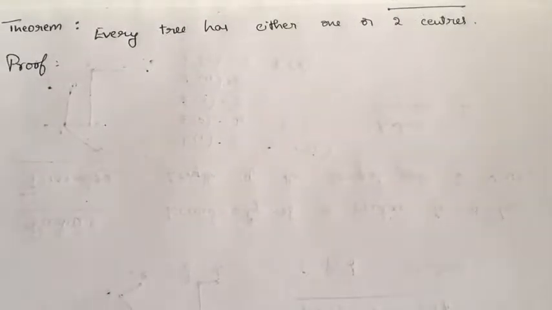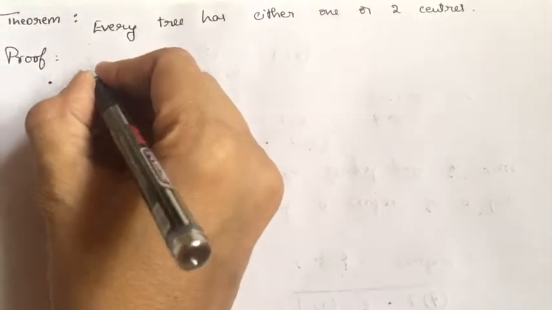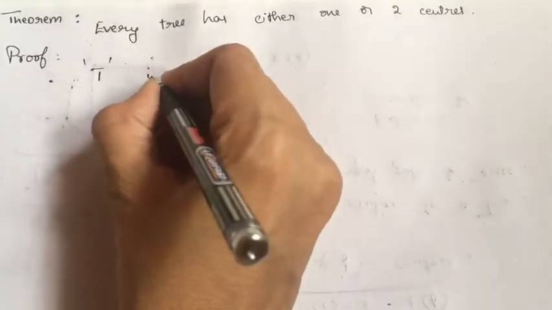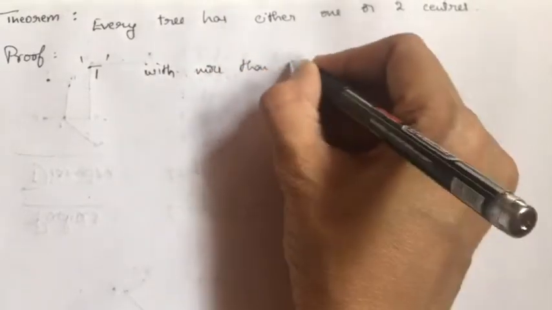Now we can observe that every tree has either one or two centers. With the example, of course, we can easily see it, but how to prove it theoretically? Let us take a tree T with more than two vertices.